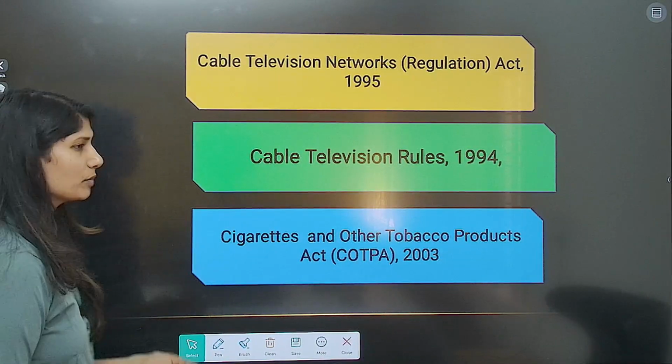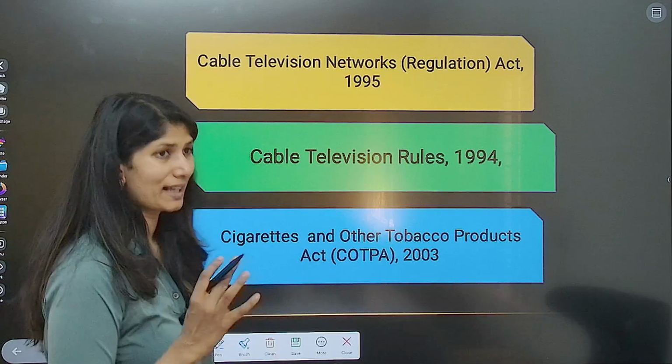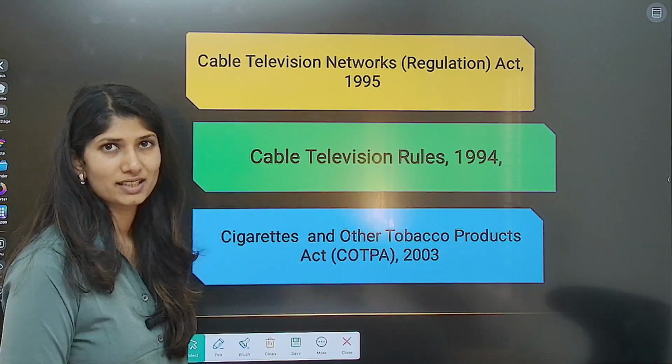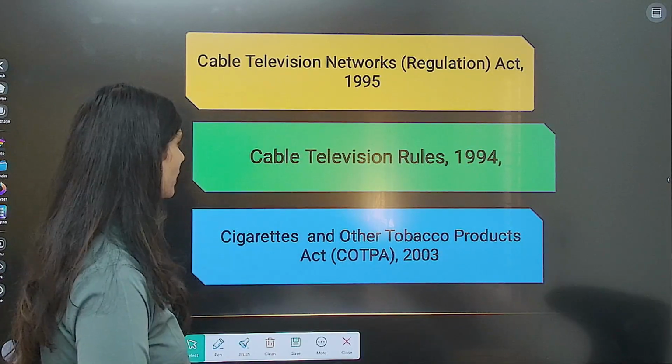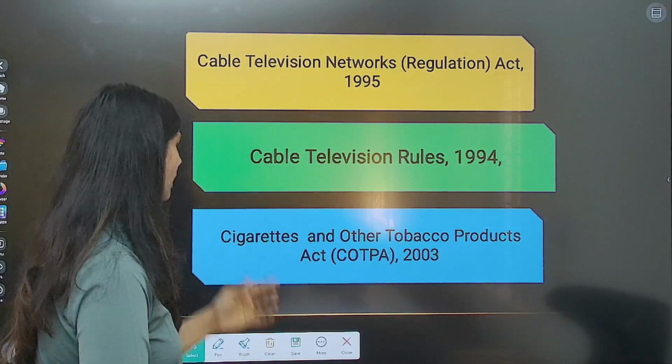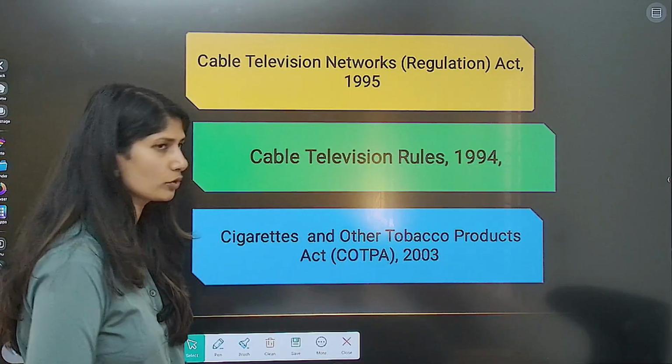Which legal provisions tell us that there is a ban on promotion of these things in the form of advertisements? It is the Cable Television Networks Act of 1995, Cable Television Rules 1994, and the Cigarettes and Other Tobacco Products Act of 2003.